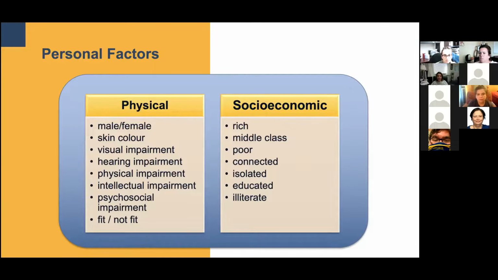Psychosocial impairment, they could be very functional, but the interaction with others could cause some barriers. And then just like anything else, does it fit the individual or not? Do the circumstances fit the person or not? That's the individual or the physical. Socioeconomic, of course, poverty, connectedness, access, social isolation, education, reading level, all of those definitely apply anywhere, but particularly in the rural setting.